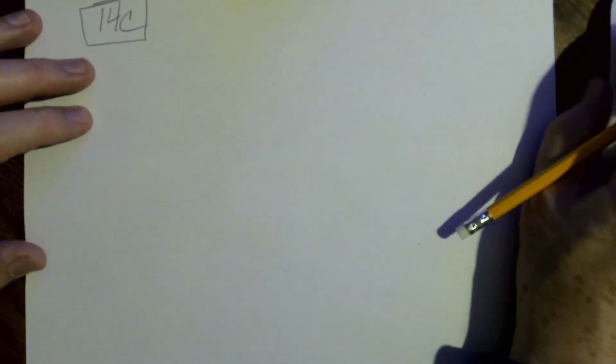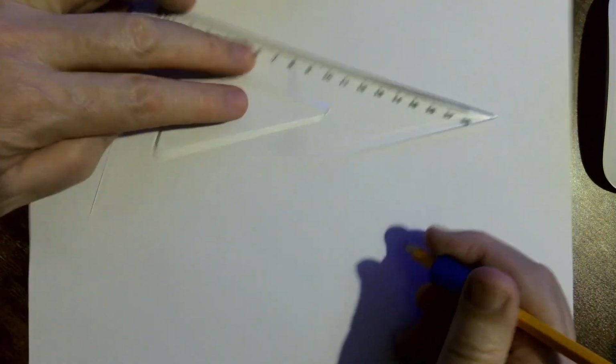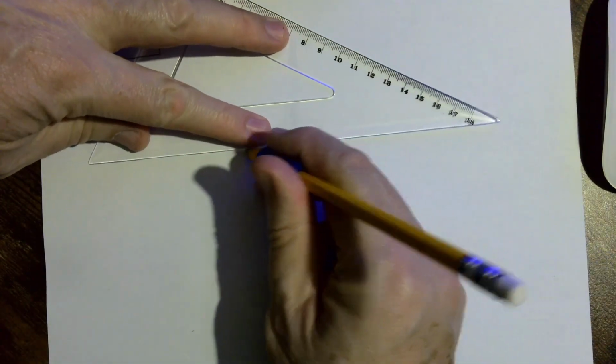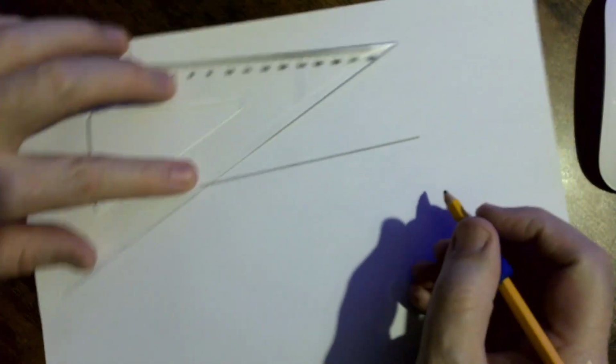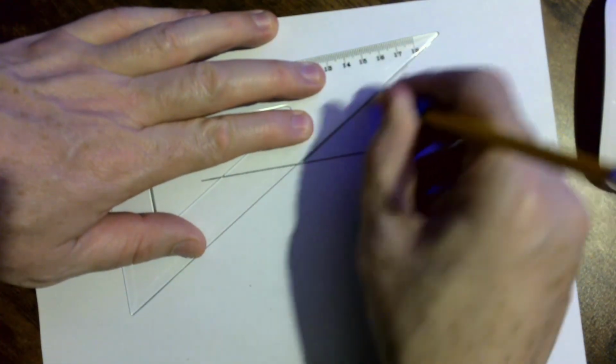14C. So again, we're talking about adjacent angles that are in a linear pair. So we've got a line already coming off that. Something like that.